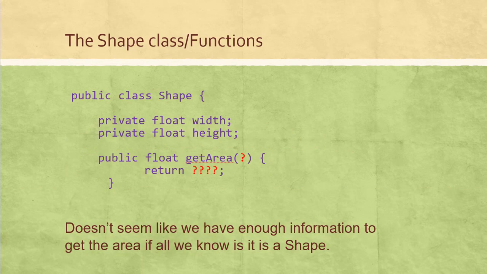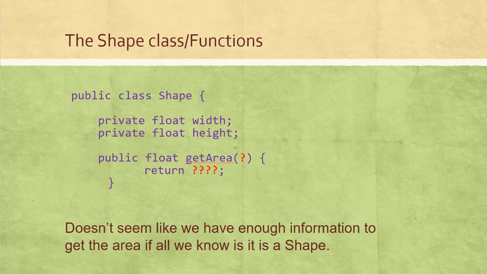For example, as you can see, we have this class that is a shape. It has its own data members, width and height, but it has one function or method, get area. We are not sure about the get area, what type of input it will be accepting, what functionality it will perform, and what type of result it will return.